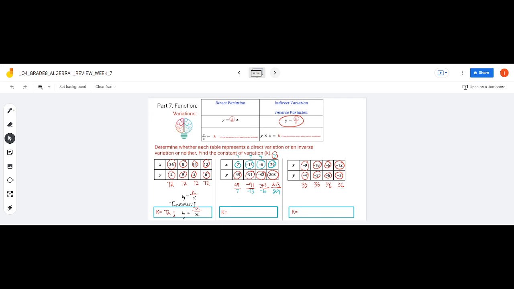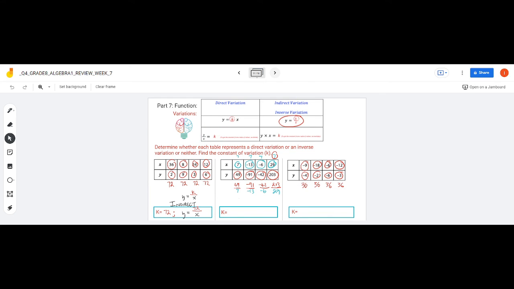Okay. So you can see clearly that this will be direct variation. So the answer will be 7.